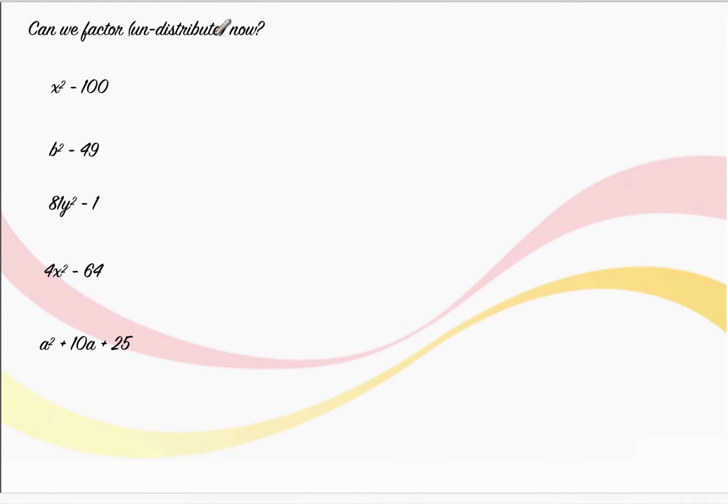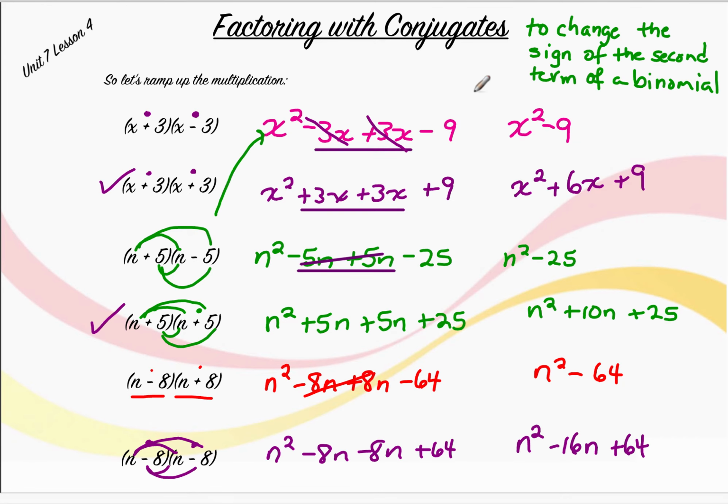Now we're going to go backwards. We're going to undistribute. Now I'm giving you the answer. Can you tell me what two binomials were multiplied together to get this? X squared minus 100. If I come back here and look, which one does that look like?